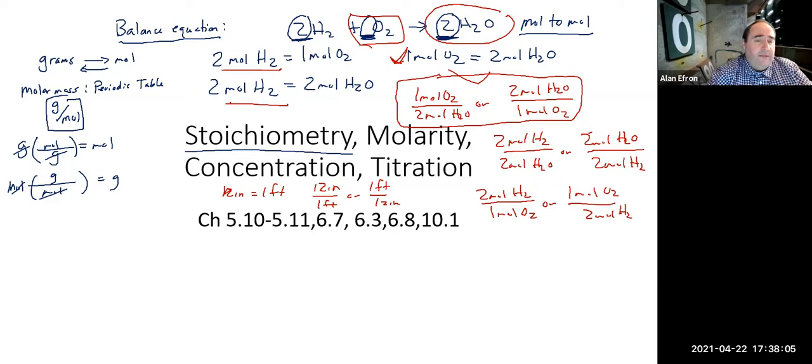If we know how much of one reactant we're using in a reaction, we could use stoichiometry to figure out how much of the other reactant we would need to put in there. We also could say the same on the product side. If we know how much of one of the products we produced, we could also figure out how much of the other product would also be produced, again using stoichiometry.